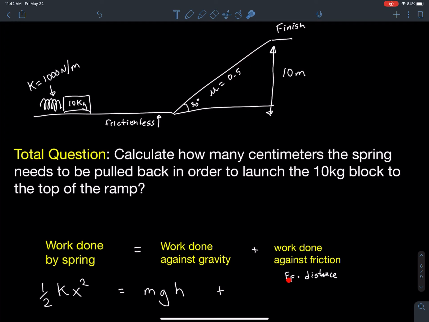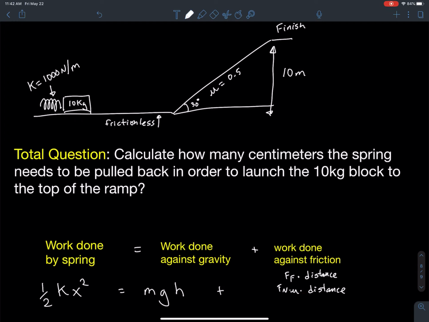And then how do I calculate the force of friction on an inclined plane? Let's rewrite this: the work against friction is Fn times mu times distance.